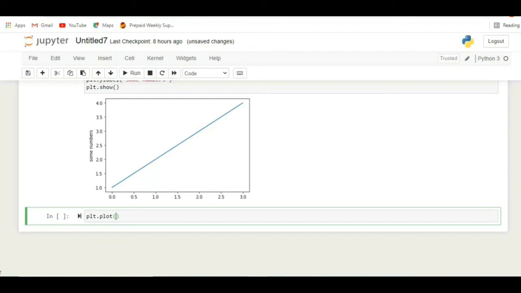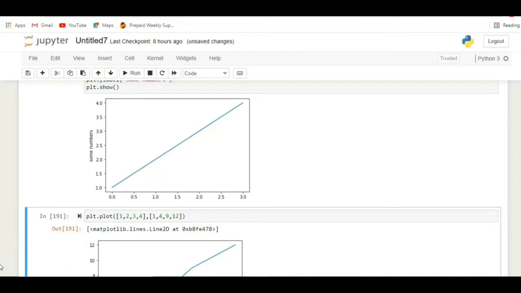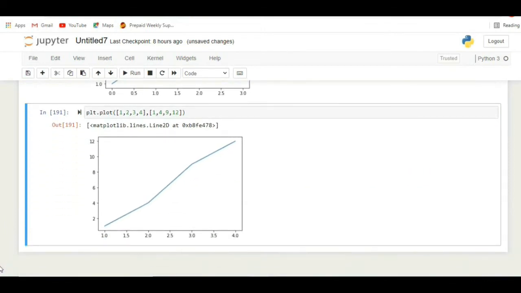Inside the square brackets we shall write 1, 2, 3, 4, and then 1, 4, 9, 12. So this is 1 to 4, 4 to 9 and 9 to 12.